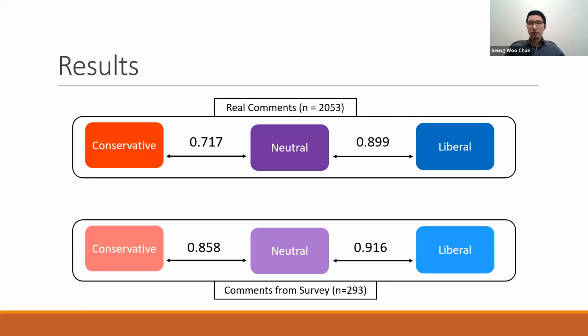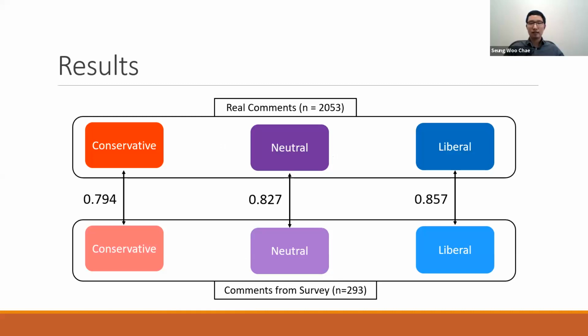The result on the survey comments showed a similar result. While the gap between those two similarity scores is smaller, still neutral comments are more similar to liberal ones in survey comments. And now let's see the similarity scores by political group. So liberal comments are the most similar, and then neutral comments, and lastly conservative comments.